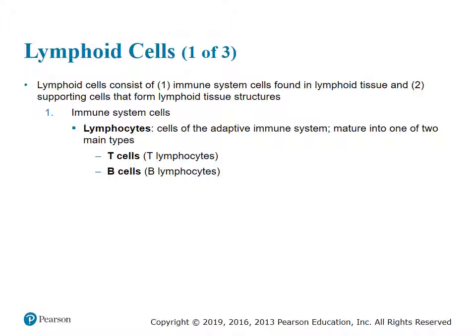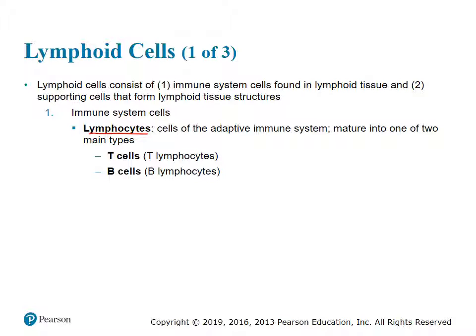Okay, so we'll start off with the immune system cells, right? So these are actually the lymphocytes, right? The lymphocytes are types of what? Blood cells, right? That is a general term to describe the two types of lymphocytes.